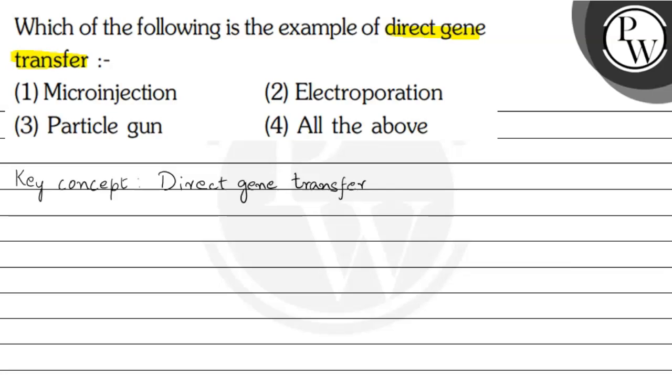So this is an easy question, and we need to first understand what is direct gene transfer. Direct gene transfer is the method in which DNA or the gene of our interest is transferred into the target cell directly.